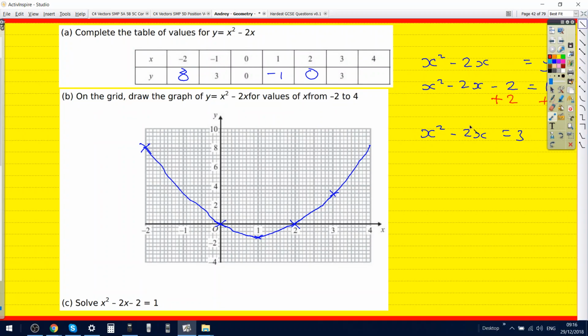And so, okay, estimates of solutions. What does it look like?